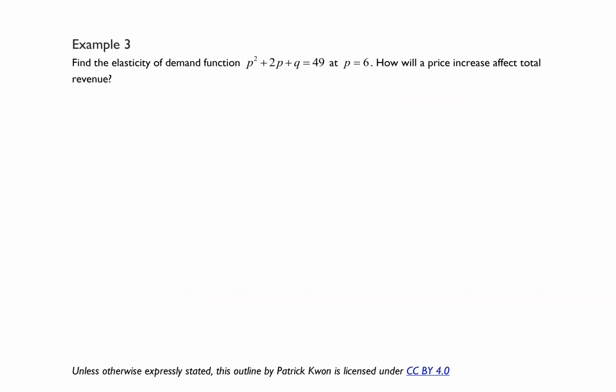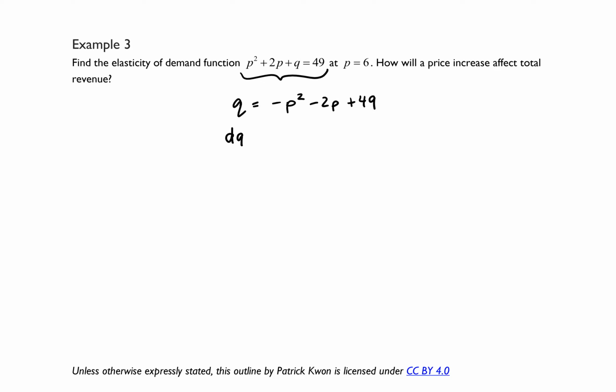Example 3 says, find the elasticity of demand function p squared plus 2p plus q equals 49 at p equals 6. How will a price increase affect total revenue? So just like last time, I'm going to take this and solve it for q. And if you solve it for q, you get negative p squared minus 2p plus 49.